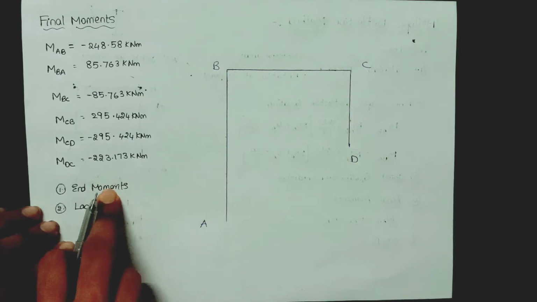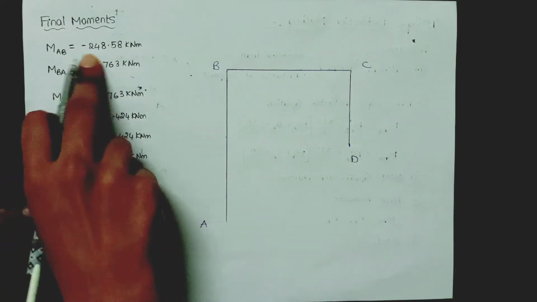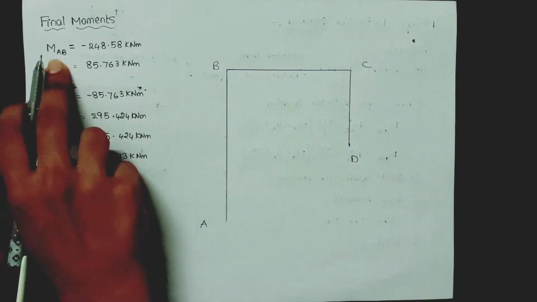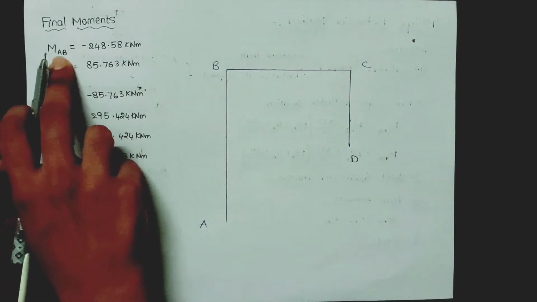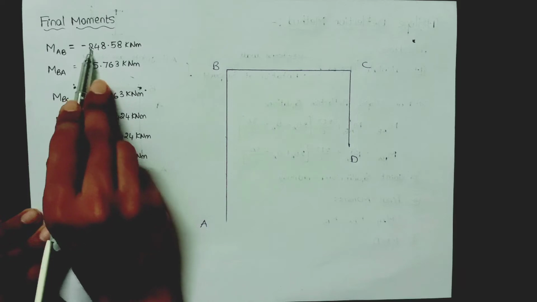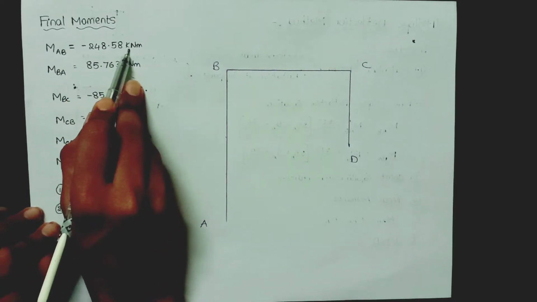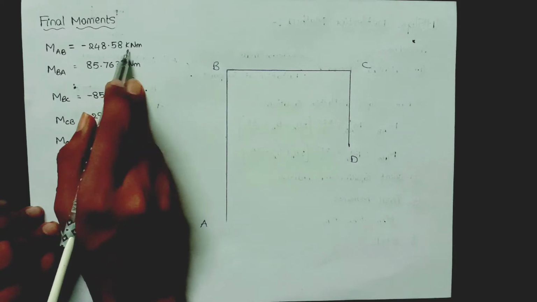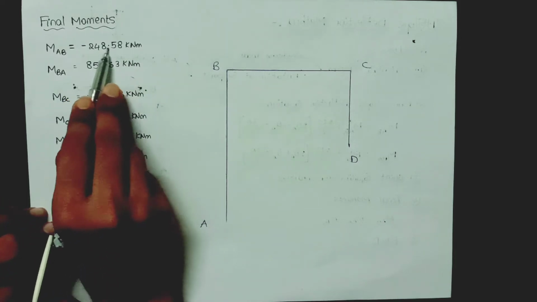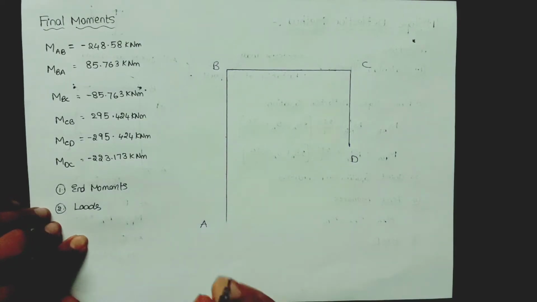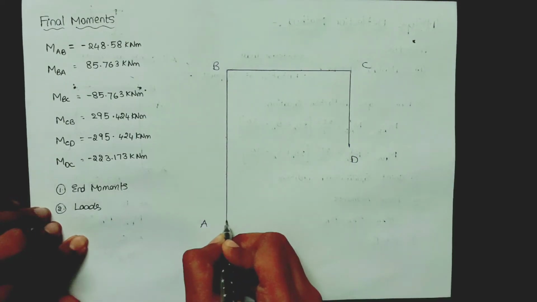In order to indicate the end moments, first we will consider member AB. This is the moment which is generated in AB: minus 248.58. Here the minus indicates the anti-clockwise direction. In order to indicate this value, I will place the tip of the pen at this point.